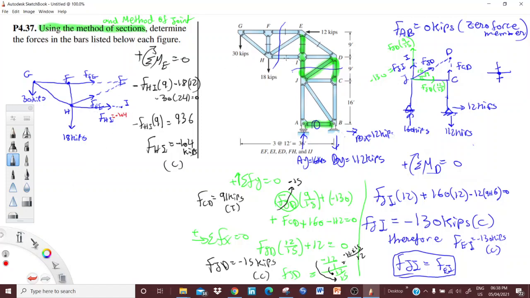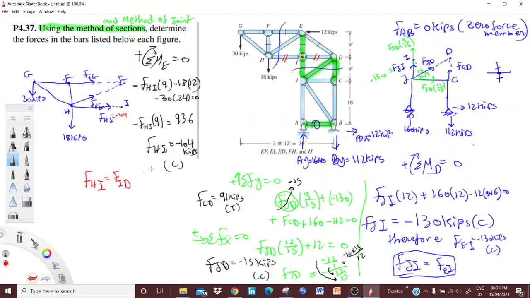Right now HI is the same as ID, since this beam is equal to this beam and we have a joint, therefore HI is equal to FID.